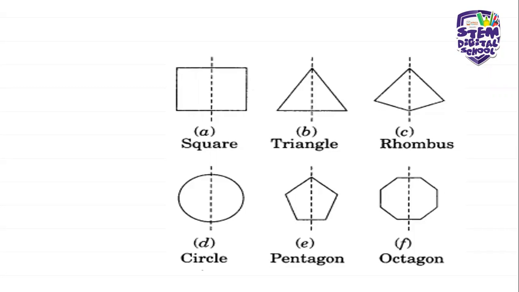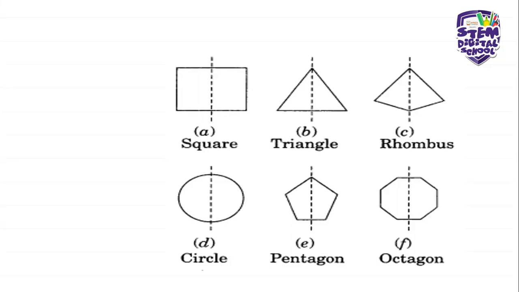You can also draw the line of symmetry. In other words, you can divide your triangle in such a way that one half will fit exactly on top of the other half. And the third one, of course, is a rhombus.